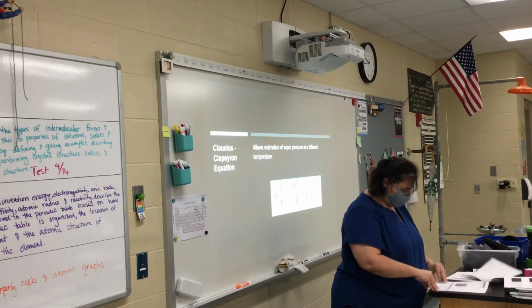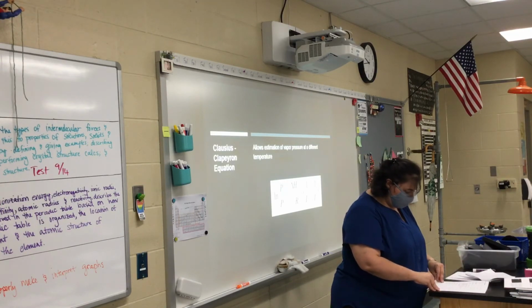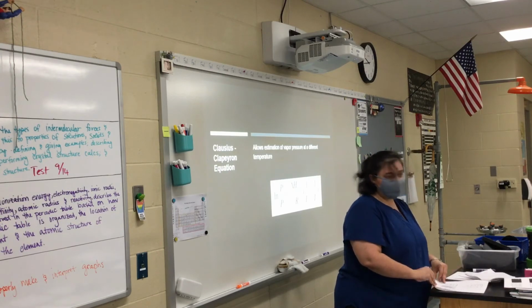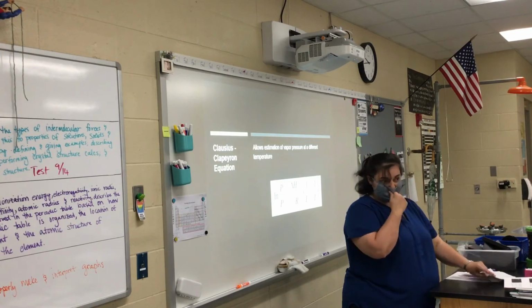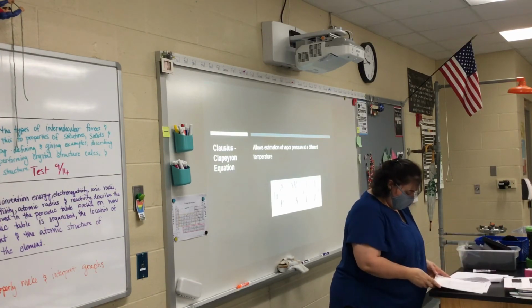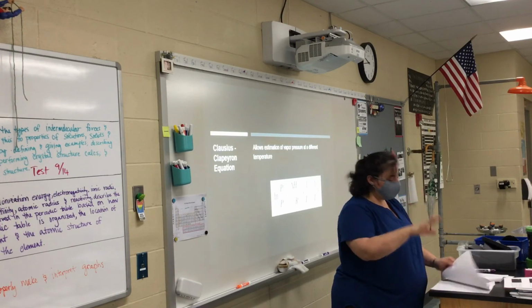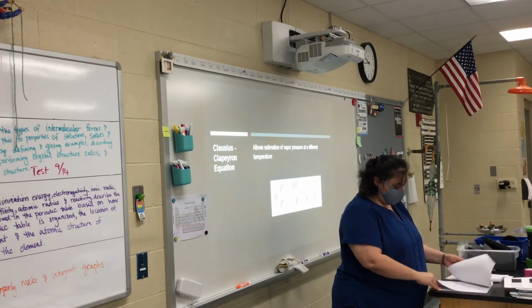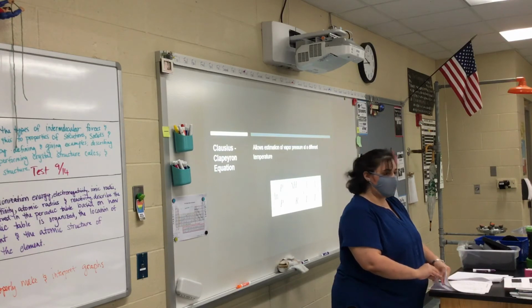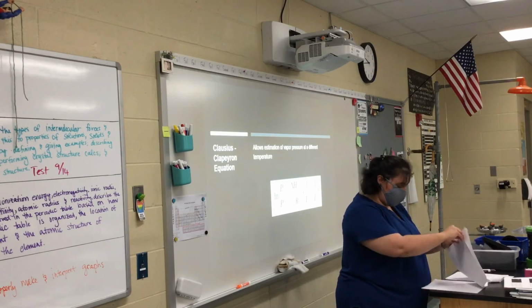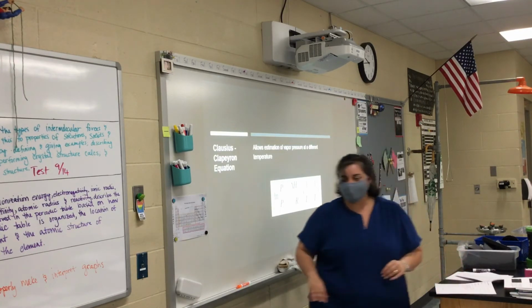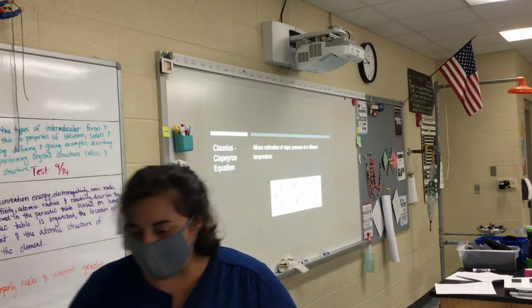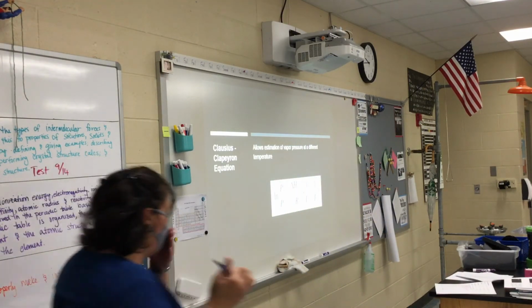I want you to add it wherever you're going to be able to find it. It's up to you where you want to add it. I would probably add it to the gas laws page, because it's a vapor pressure, it's related to all that stuff, the gas constant's right there. I'm going to add it in mine while I'm thinking about it.